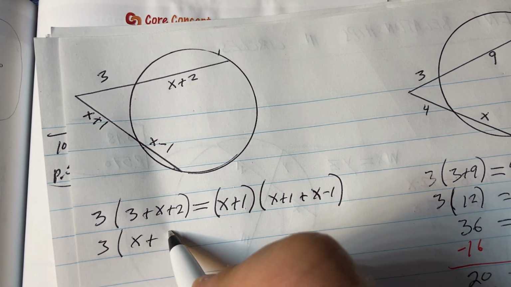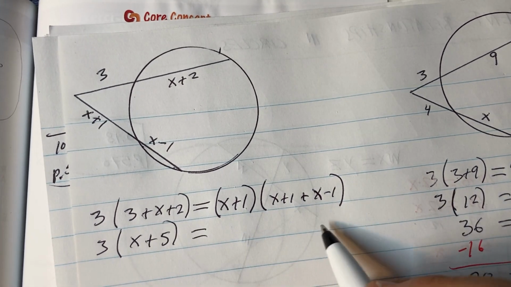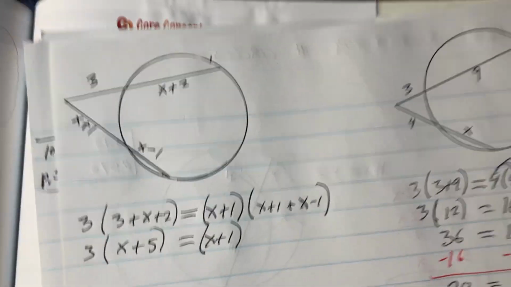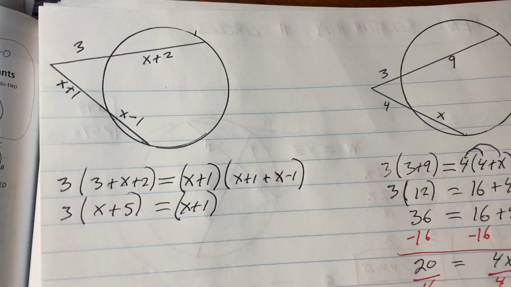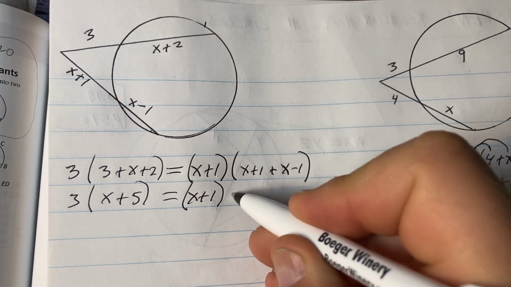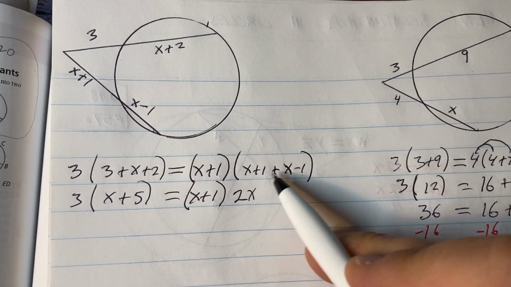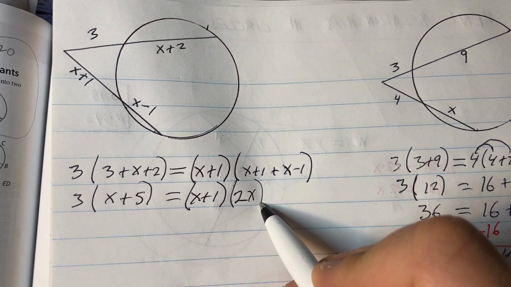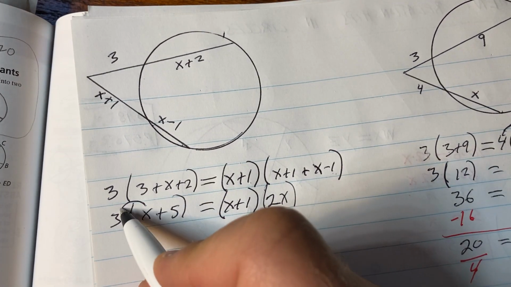3x plus 5. This is going to be x plus 1. X, that's 2x. 1 and a negative 1 cancel, and you just get a 2x. This is 3x.